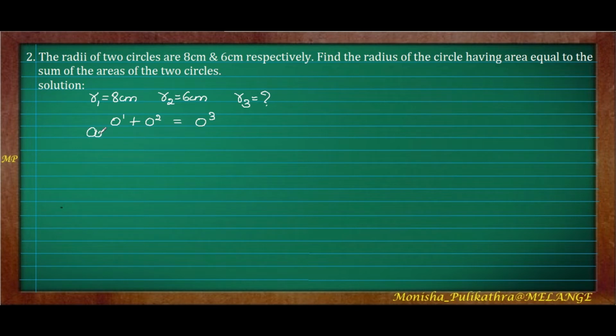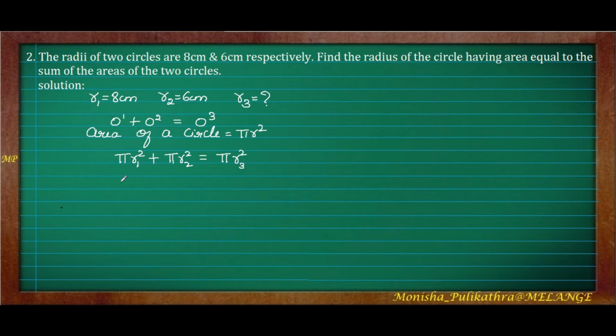We know the formula for the area of a circle is equal to pi r square. So the area of circle 1 we can take as pi r1 square plus the area of the second circle as pi r2 square, which is equal to the area of the third circle, that is pi r3 square.